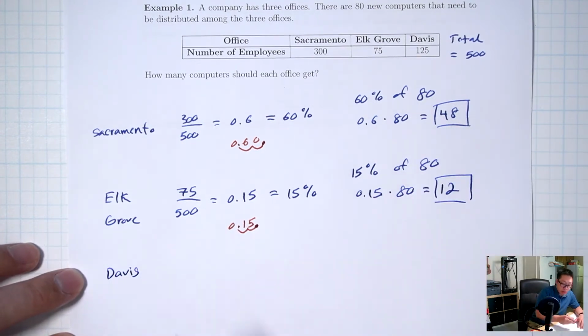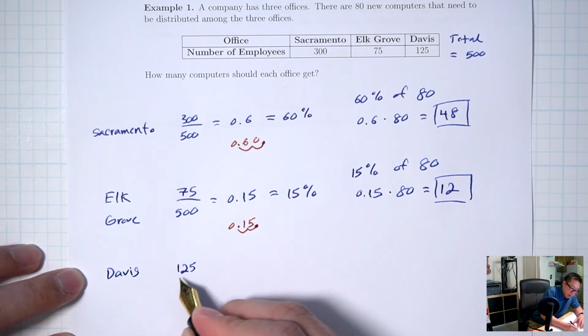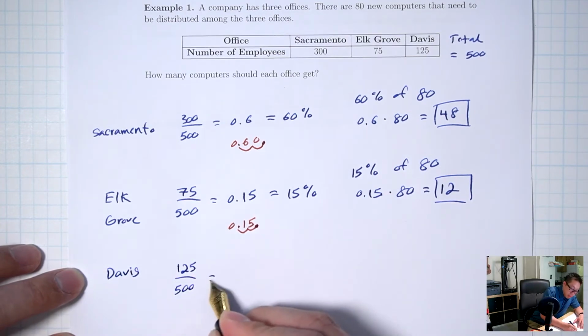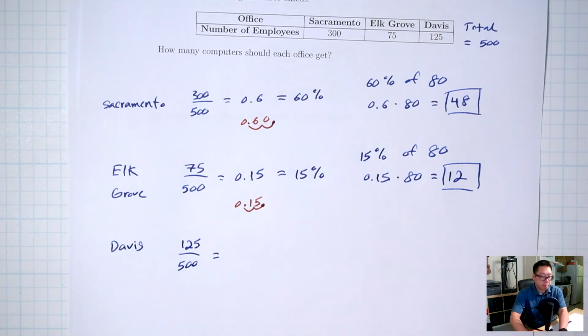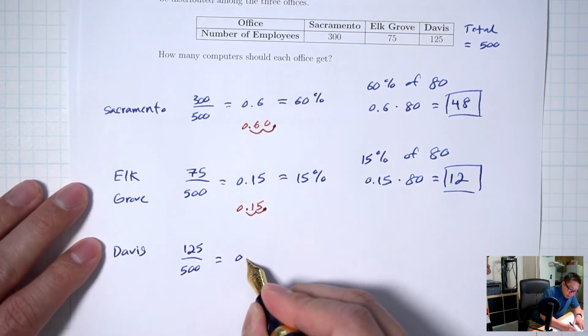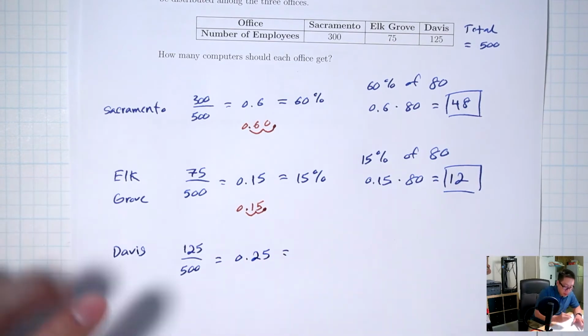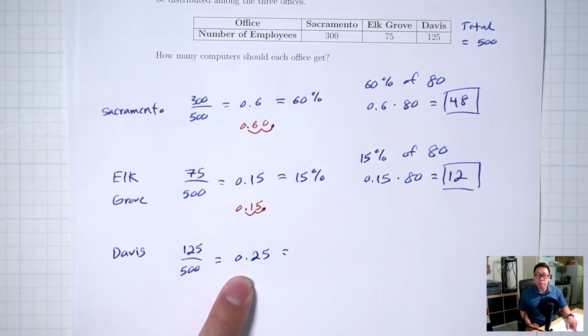Davis has 125 employees, so 125 out of 500. That's 0.25. 0.25 as a percent, move the decimal point 2 to the right. That will get you 25.